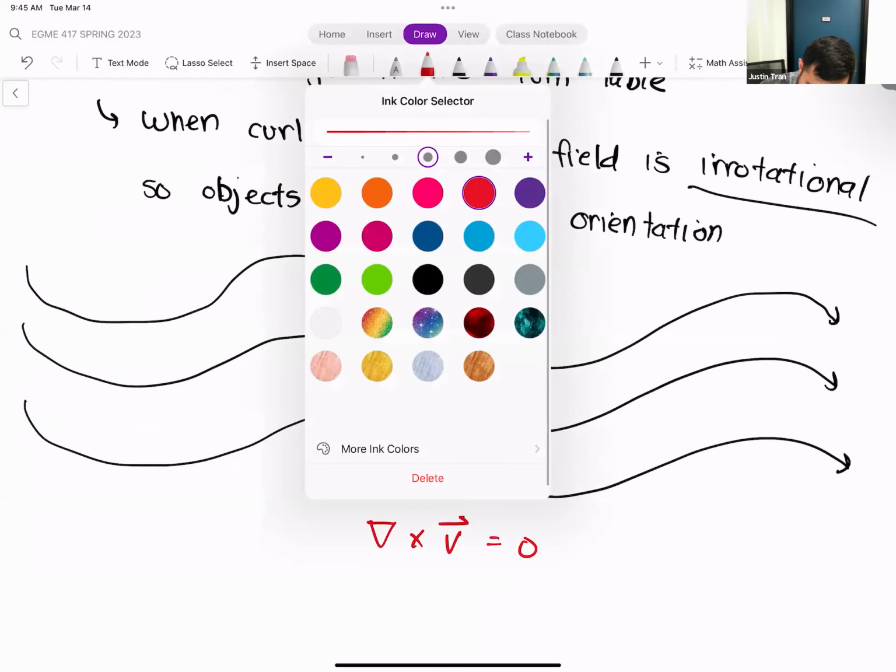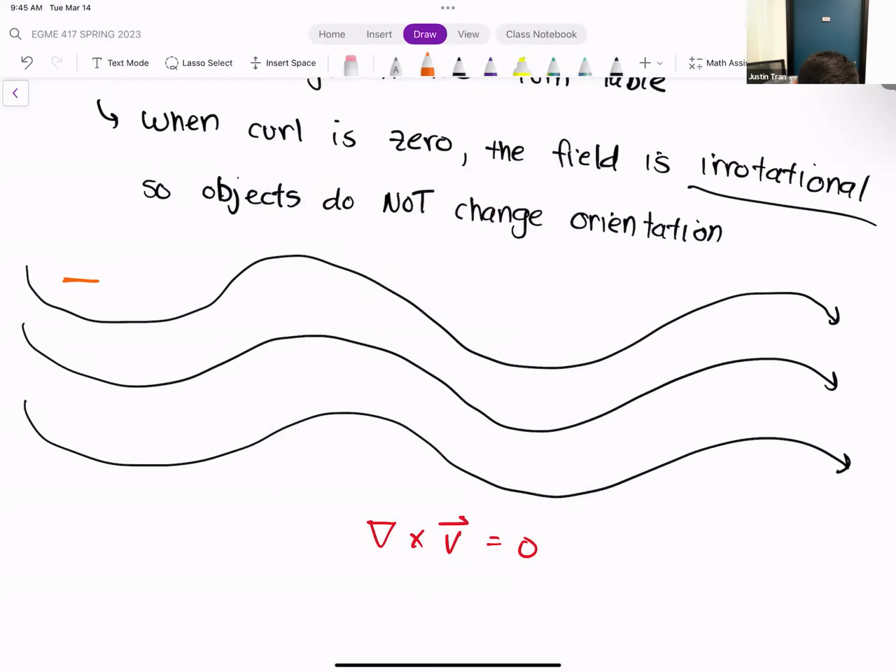That means if you take an object here, let's take our humble twig, just like before, as this twig flows with the field, it's going to displace, and so its position is going to change as you go through the field. But the fact that the curl is zero means that its orientation is not going to change.